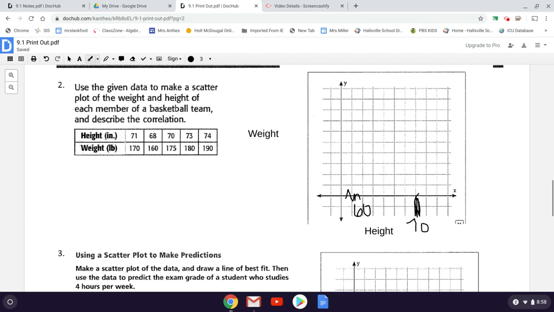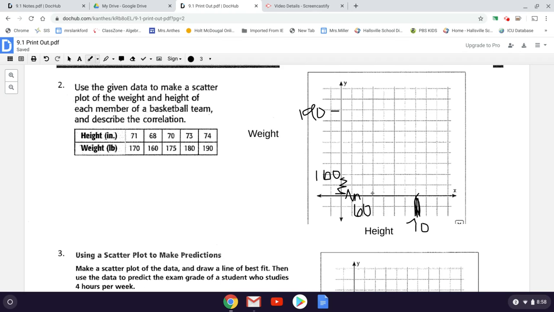My weight, I would probably start at, looks like 160, and you have to go up to 190. So you could do another squiggly line, start at 160, and I would probably just go by 5s to get up to 190. So 190 would be right here. And then you want to plot your points.